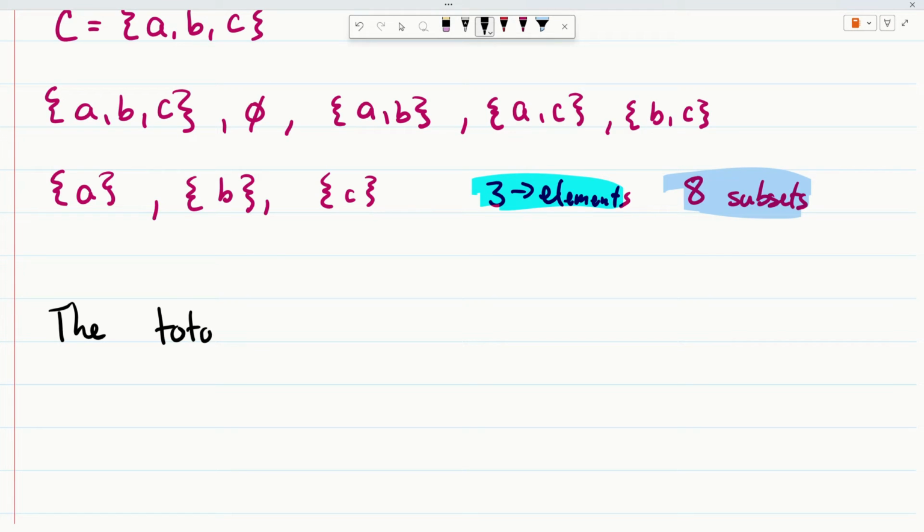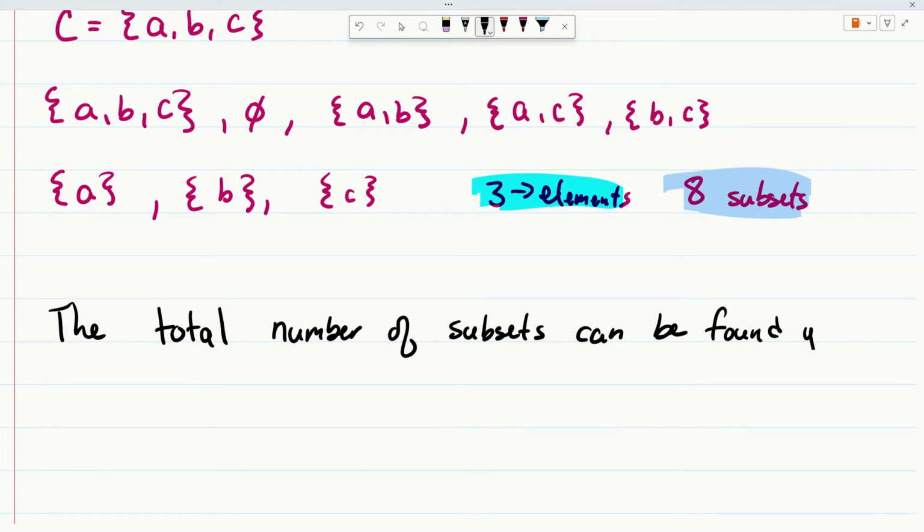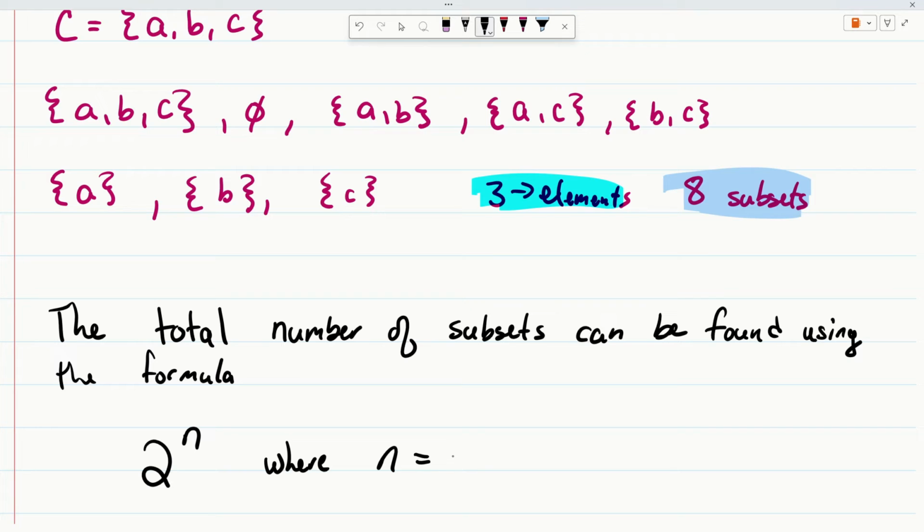The total number of subsets can be found using the formula 2 to the n, where n equals the number of elements.